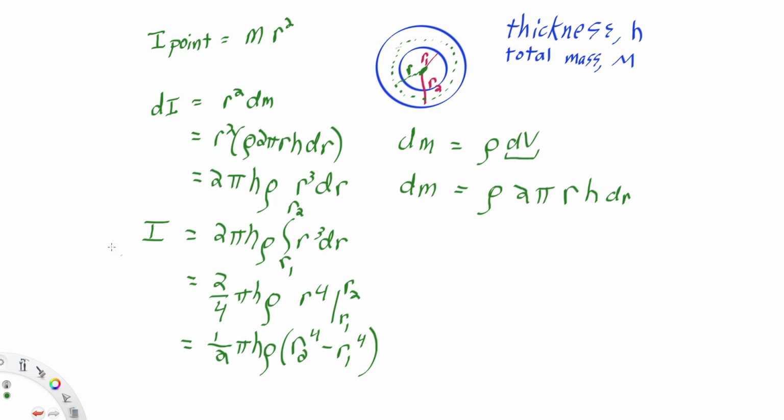What's our density here? Right? Our density is mass over volume. What's the volume of this annular cylinder?